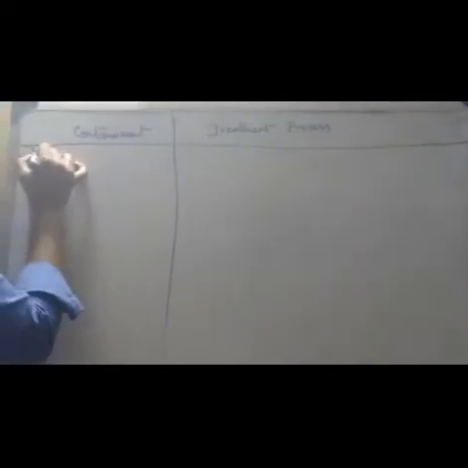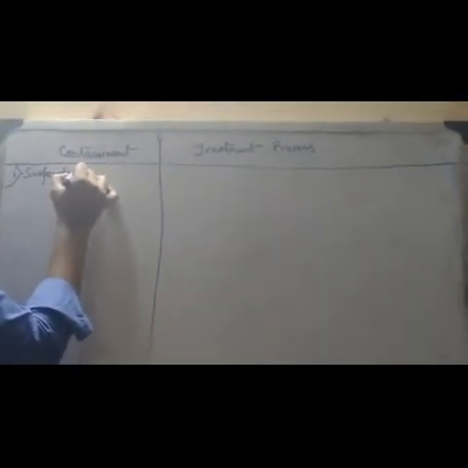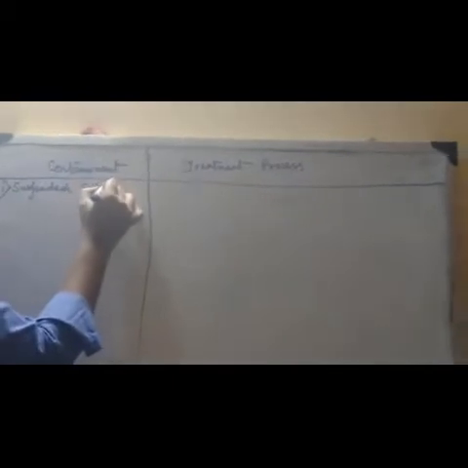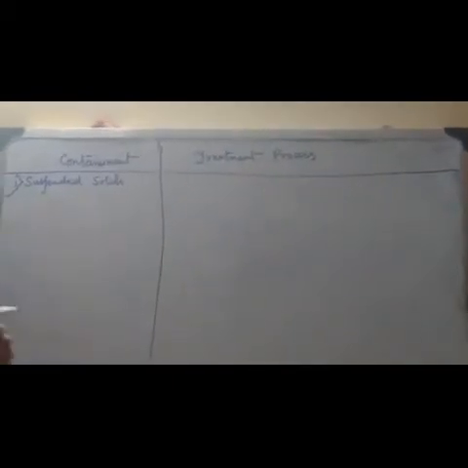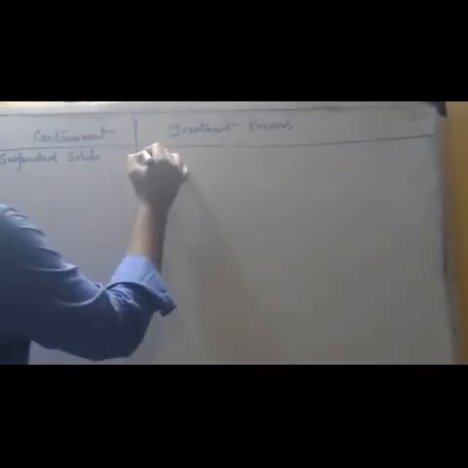The first one is suspended solids. So it is the first contaminant. Now, what are the treatment processes by which we can remove the suspended solids?